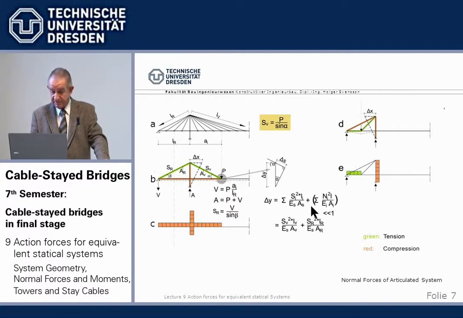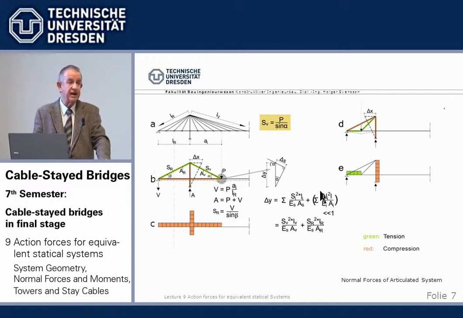Of course, there is also a second term which determines the shortenings of the beam and the tower, but we neglect those as well, because the beam area and the tower area is so much bigger than the steel area, we can forget about it.